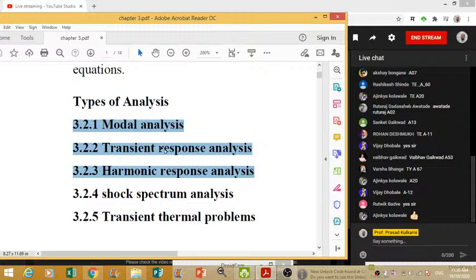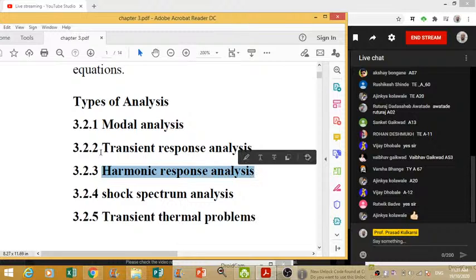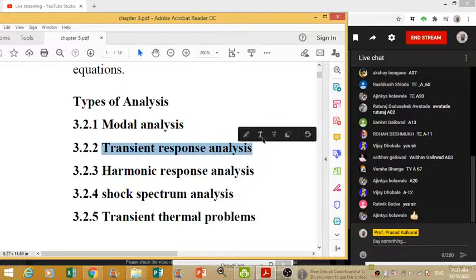F of t sine omega t: here f of t indicates the force changing with respect to time, force is a function of time, and sine omega t is the sinusoidal nature of that force, and that is for harmonic analysis. For transient response analysis, m x double dot plus c x dot plus k x is equal to f of t. That equation is used for transient response analysis.